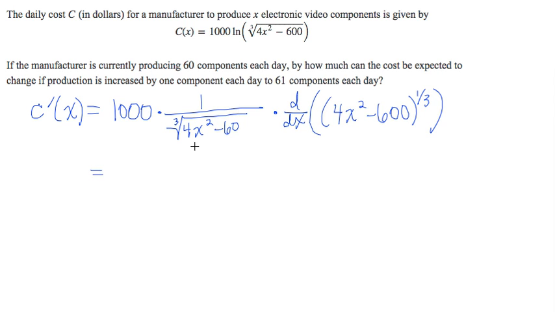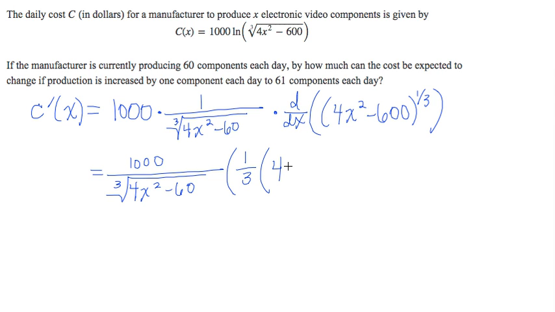So I'm going to clean this part up here and write it as 1,000 over the cubed root. Now for this derivative by chain rule, we're going to bring the 1/3 down. So it's 1/3 times the inside function, 4x squared minus 600, to the power of 1/3 minus 1, which is negative 2/3, times the derivative of this inside function.